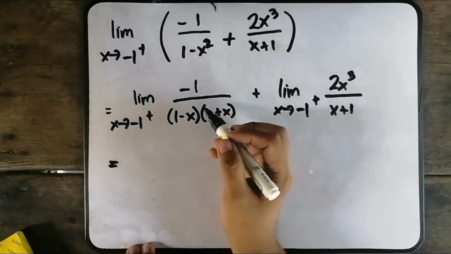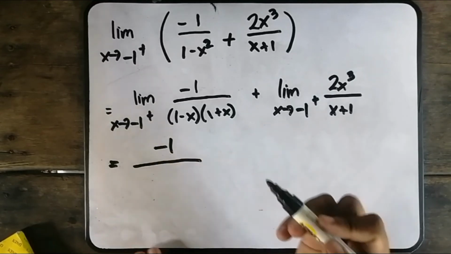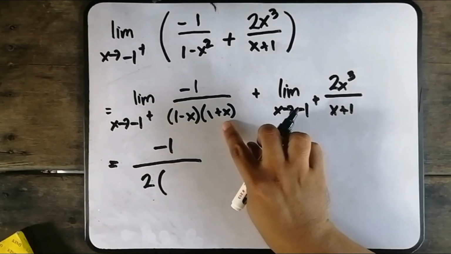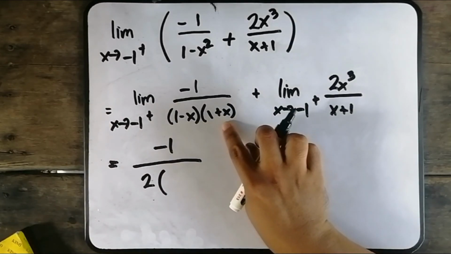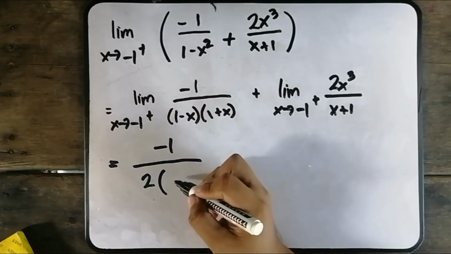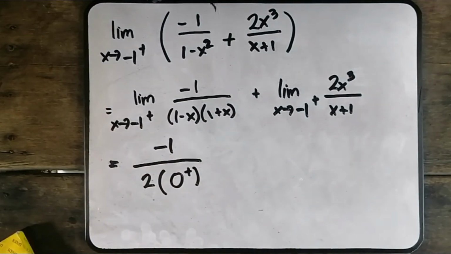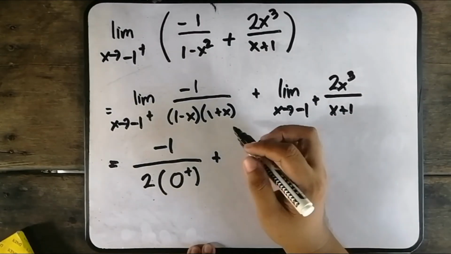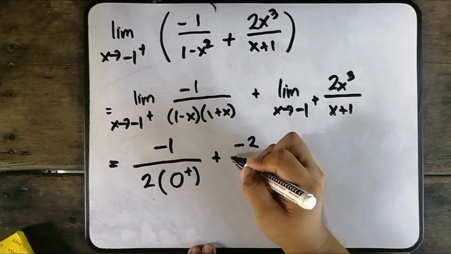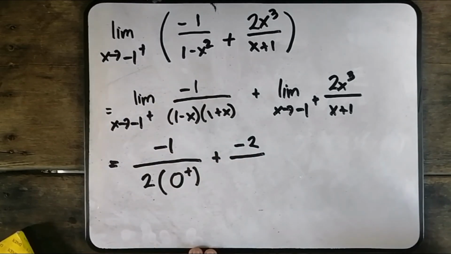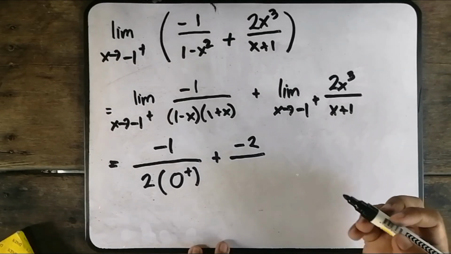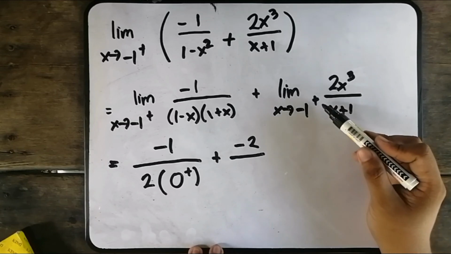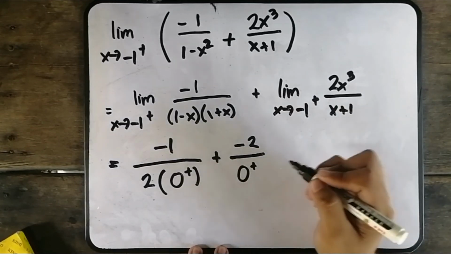So here we have, by direct substitution, negative 1 divided by 1 minus negative 1 is 2 times 1 plus x approaches 0 and passing through the positive values. Okay. Plus, we have 2 times negative 1 raised to 3, that is negative 2, divided by, so x plus 1 approaches 0 from the right, so passing through the positive values.